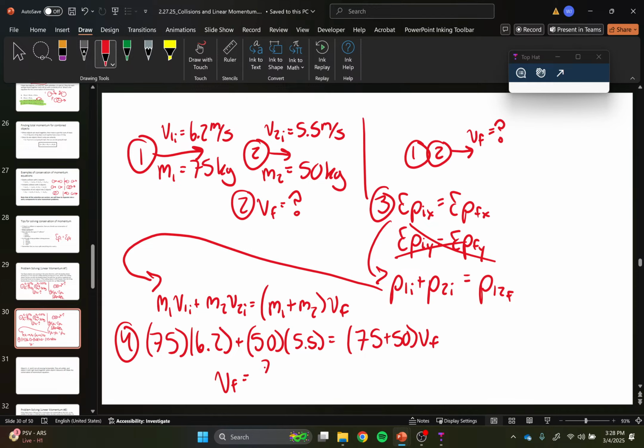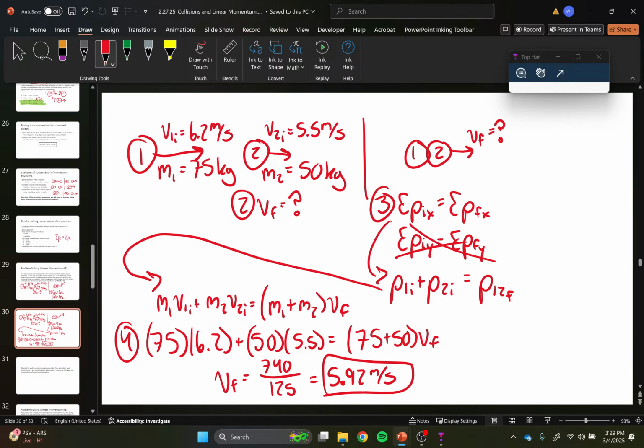At the end of the day, the left side is 740 and this will be 125. And you get 5.92 meters per second. It's somewhere in between the two. You're not as fast as the first person. You're not as slow as the second person. They kind of combined in some way. And great.